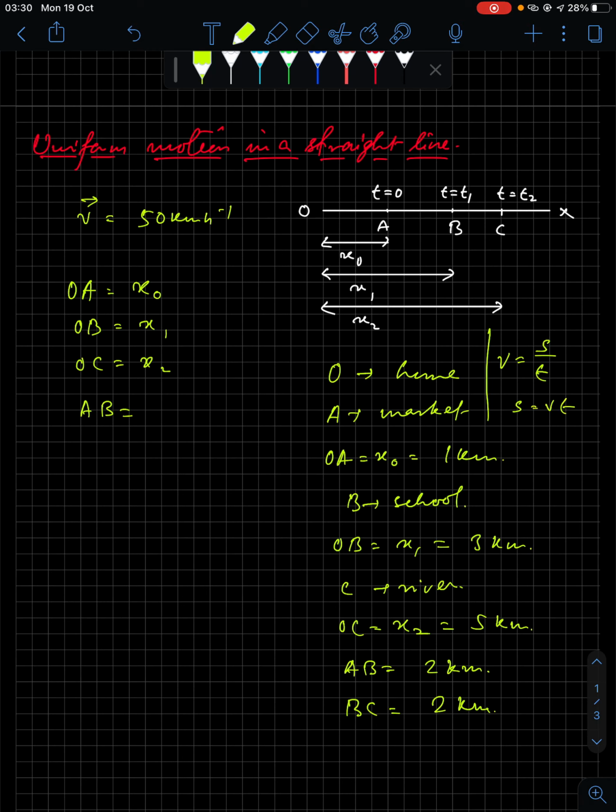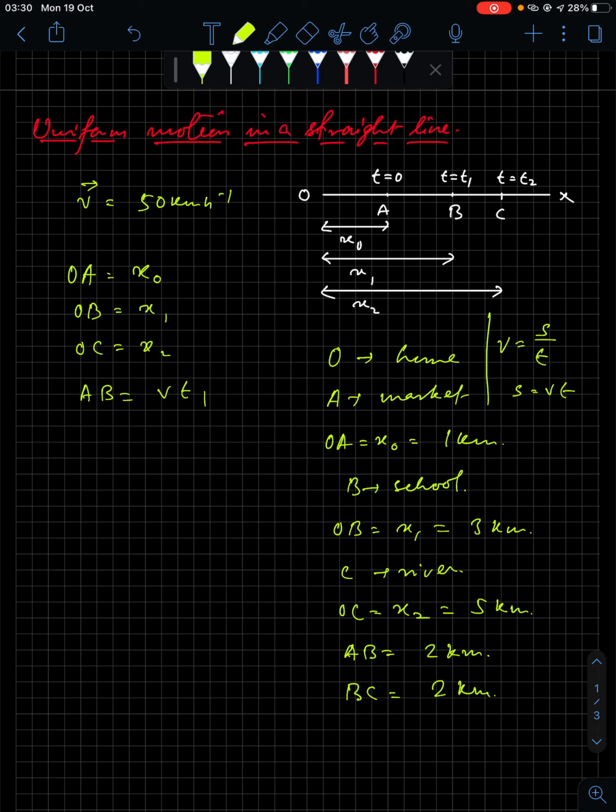So what is the time interval between the points A and B? The time interval would be t1 minus 0. We will say that at t1 the body is at B. That means the distance AB is v into t1.